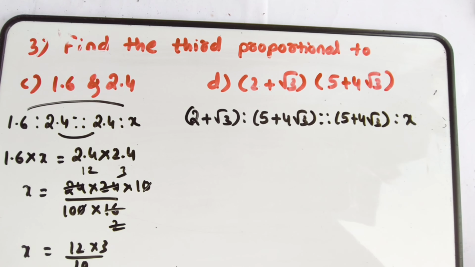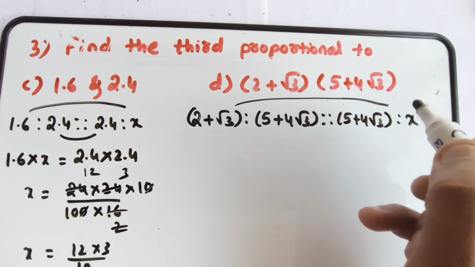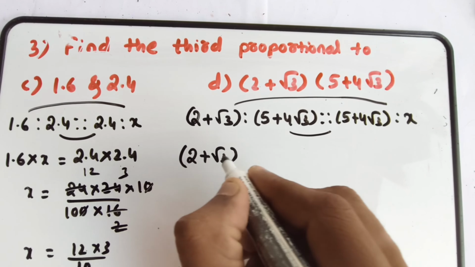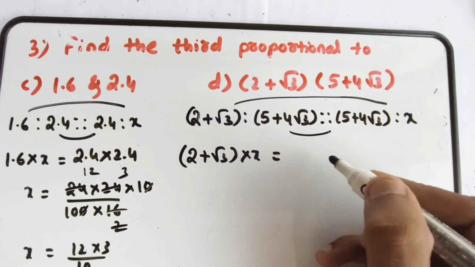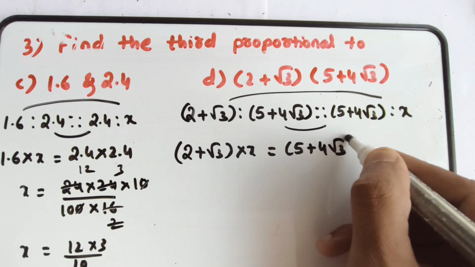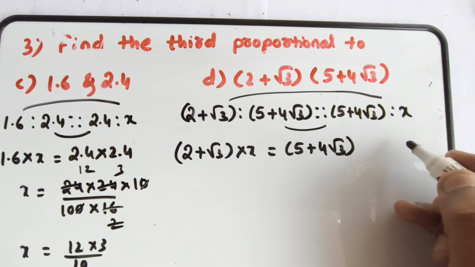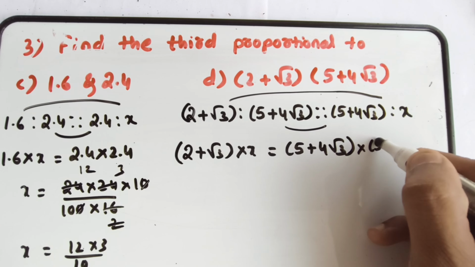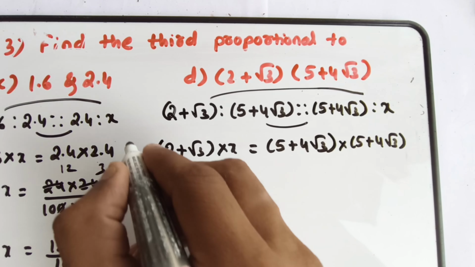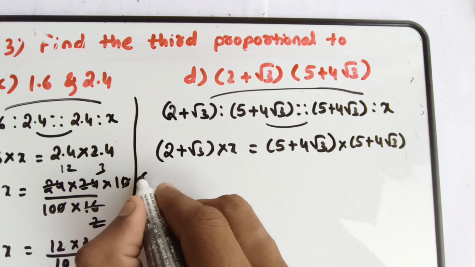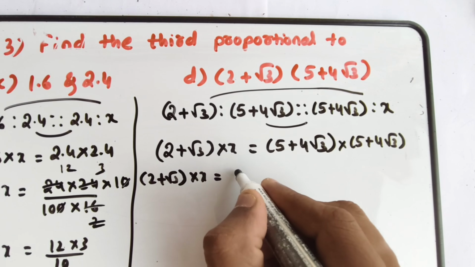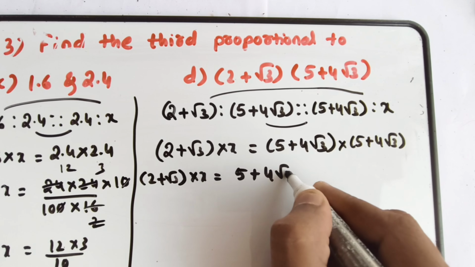Again you multiply the first and last term and the middle two terms. 2 plus root 3 into x is equal to 5 plus 4 root 3 into 5 plus 4 root 3. The right hand side becomes 5 plus 4 root 3 bracket square.